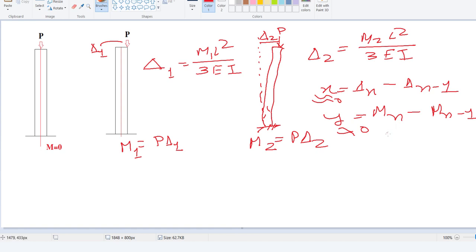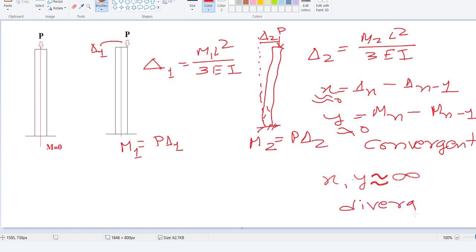In the previous case, when the difference is reducing and getting close to zero at a certain point, it's convergent. But when the difference, x or y, is getting infinitely high, it's divergent. That means the solution cannot be achieved.